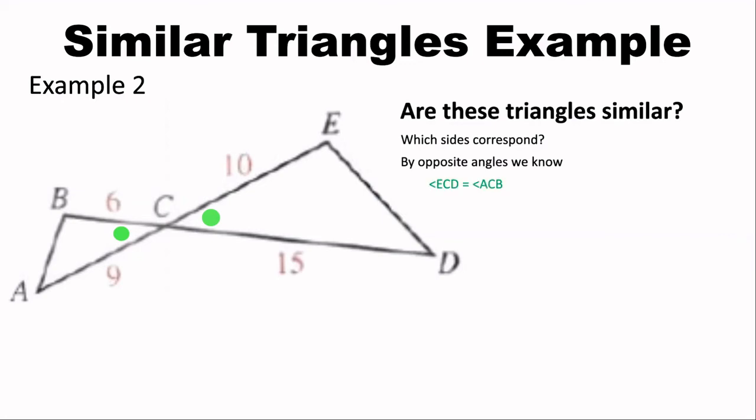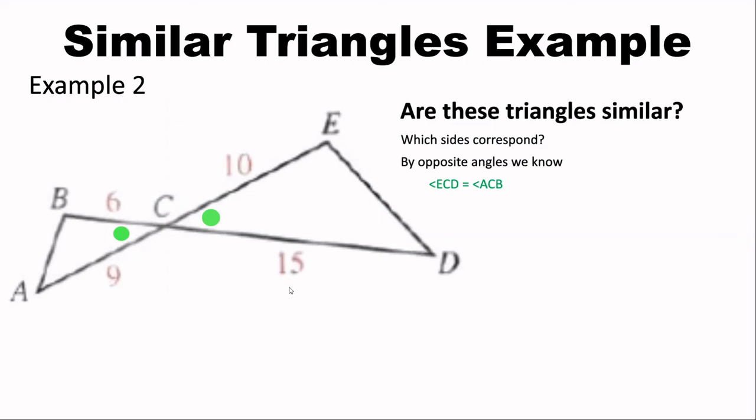Knowing that those angles are equal, we can see that in each triangle, we're given the side length on either side of that angle. So we've got one matching angle, but are the corresponding side lengths actually corresponding side lengths of similar triangles? Now it's difficult to tell again which of these side lengths correspond. Does the 6 correspond with the 10, or does it correspond with the 15?